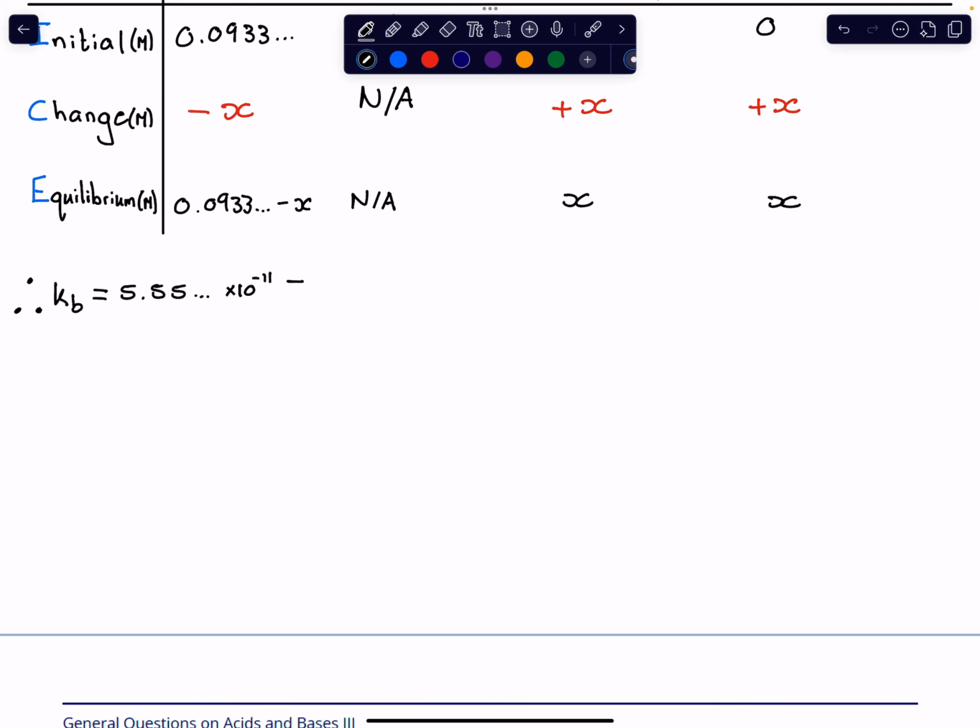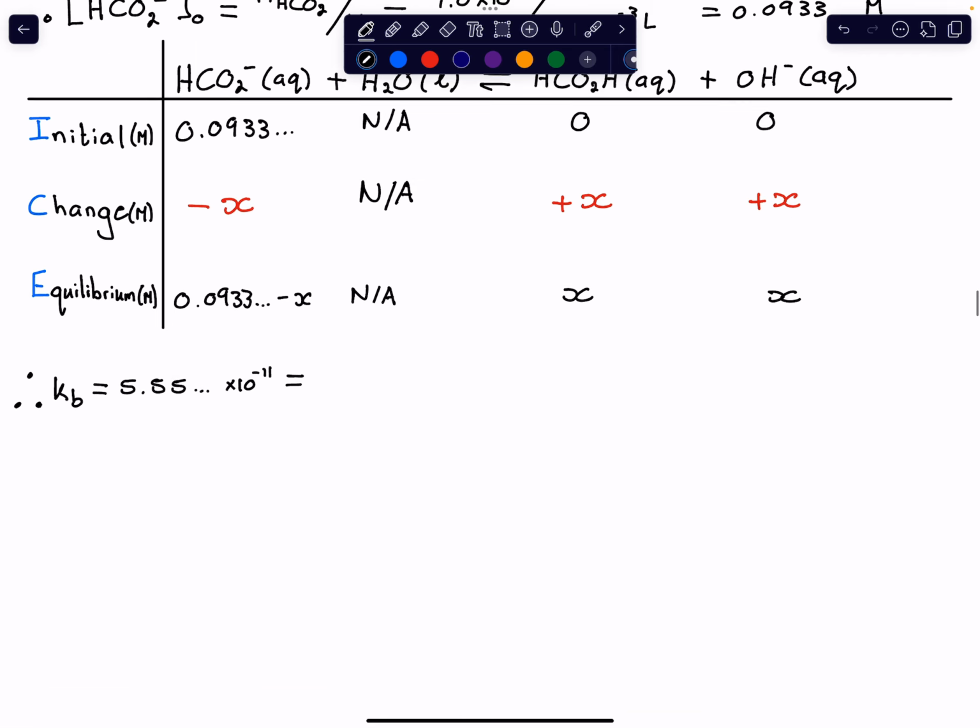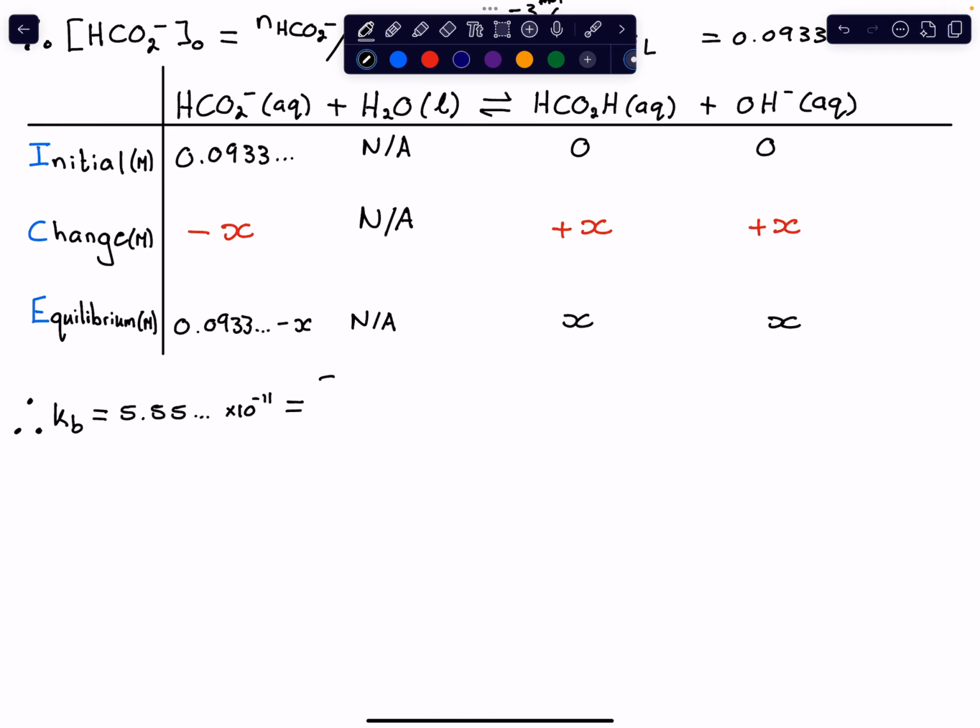And that should be equal to the formic acid concentration at equilibrium multiplied by the hydroxide concentration at equilibrium, all divided by the formate anion concentration at equilibrium.